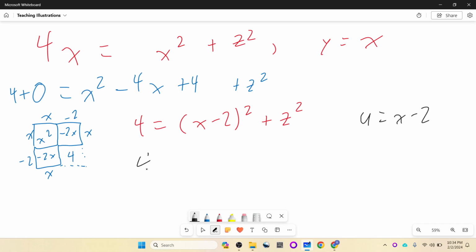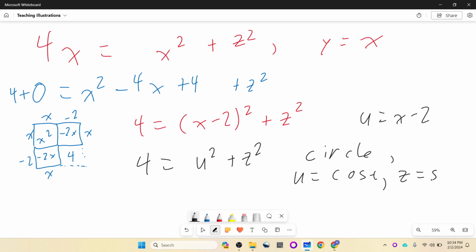This becomes 4 equals u squared plus z squared. Well, this is a circle. And if we want to parameterize it, we would say u is cosine t and z is sine t.